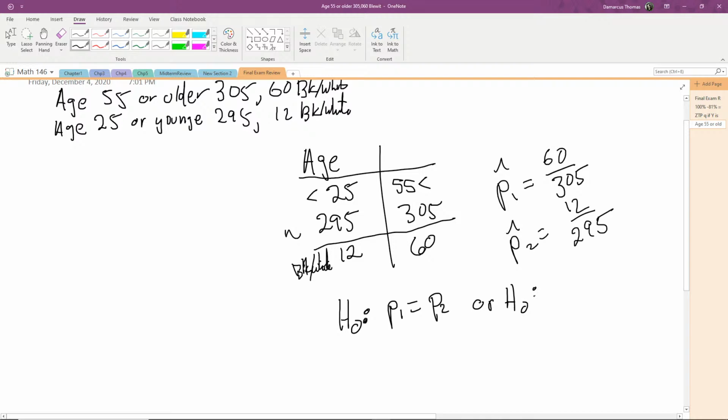You can write this as H null, sometimes you'll see it written if you subtract them: P1 minus P2 is equal to 0. So the difference, that's really what we're getting at, is the difference between them 0, or is P1 greater than P2, is the proportion of them greater. And we could write that as this. That's what this study is about.